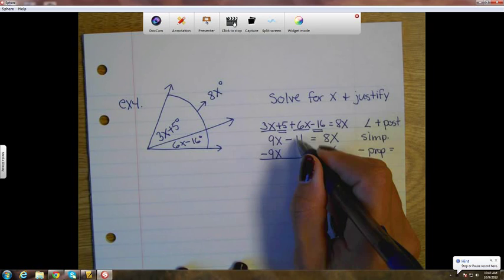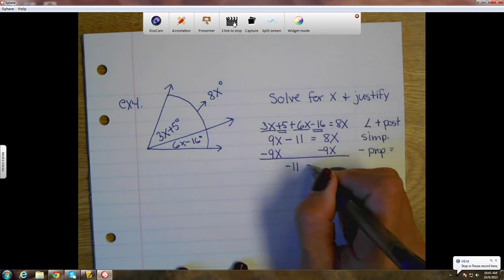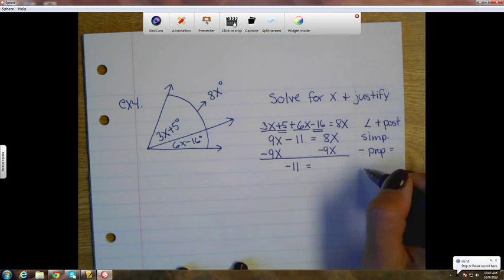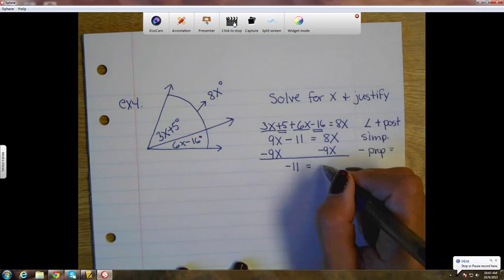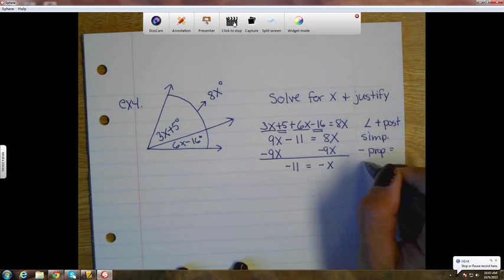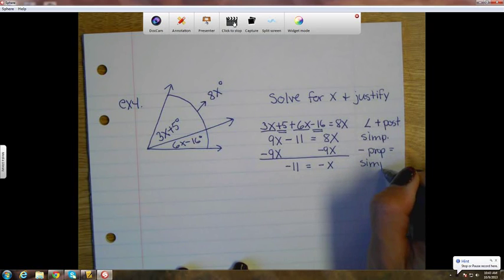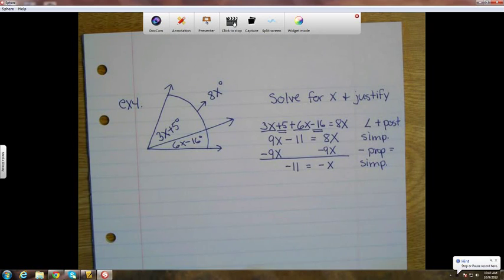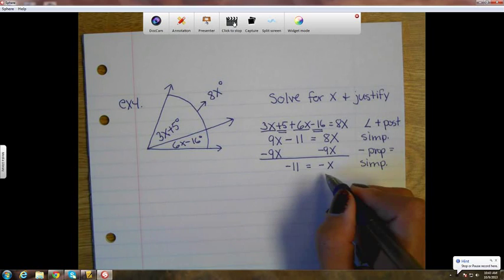So we've got negative 11 equals, what do we have over here? Negative 1x. Simplify. Are we done? What's next? Divide by negative 1 to get rid of that negative.